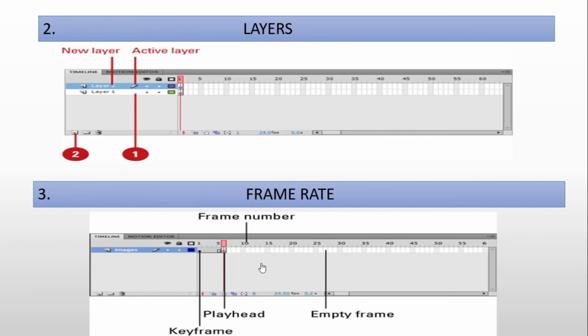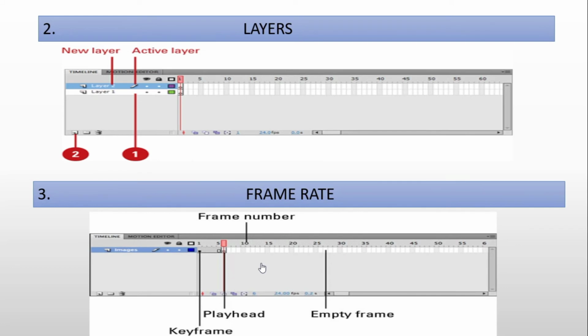These layers are named by default as Layer 1, Layer 2, etc., which can be renamed for easy identification. One is a new layer, and the other is the active layer. The active layer is the one in which we work, and new layers can be added as much as we need.